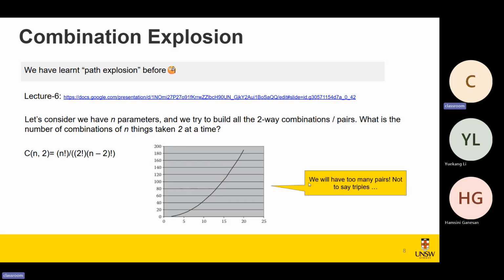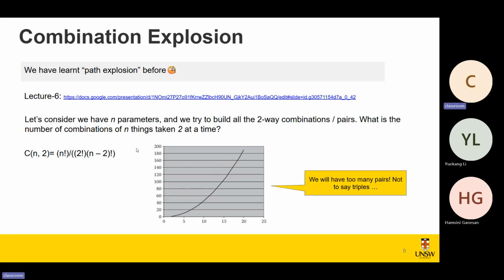We will have too many pairs if we have a lot of input parameters, and this is only two-way combination. If we do three-way combinations, Cn3, this curve will grow even faster, because it becomes something like n to the power of 3.